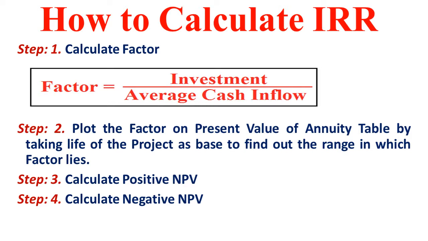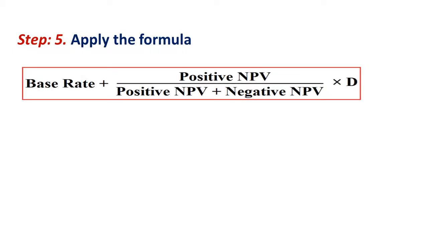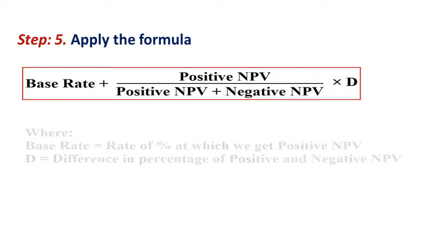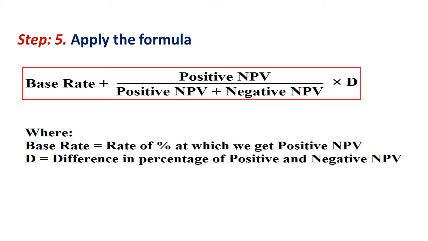Once you find both the NPVs, positive and negative, then you can apply the 5th step, that is the formula for calculation of final IRR. The formula is base rate plus positive NPV divided by positive NPV plus negative NPV. For negative NPV here you don't take the minus sign, it is just a summation of positive and negative both, that's all, into D. D stands for the difference between the positive NPV percentage and the negative NPV percentage, where base rate is the rate of percentage at which we get positive NPV.